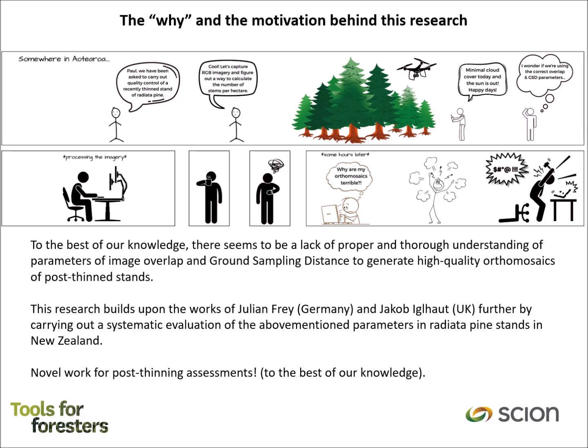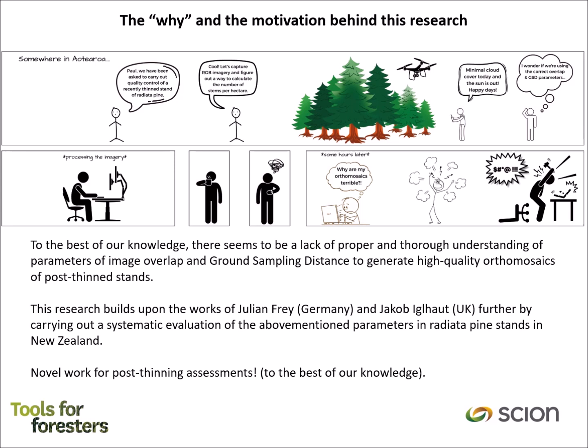To the best of our knowledge, there seems to be a lack of thorough understanding in using parameters of image overlap, that is forward and side overlap, and ground sampling distance. This research also builds more upon the works of Julian Frey and Jacob Iglaut, who have in-depth assessed some of these parameters in forestry. So we decided that, since no work has been done in post-thinning, this would be a novel introduction.